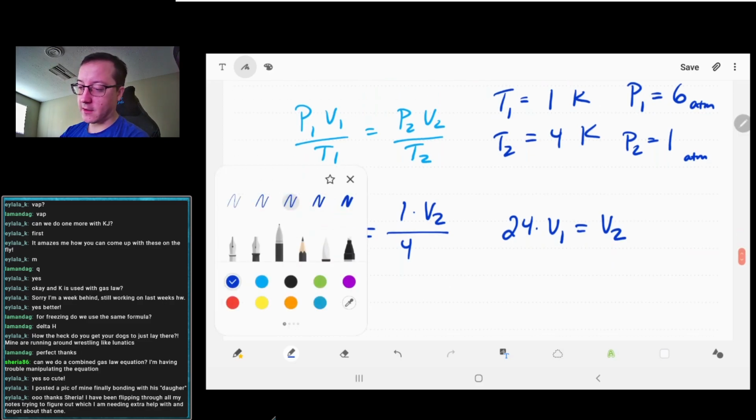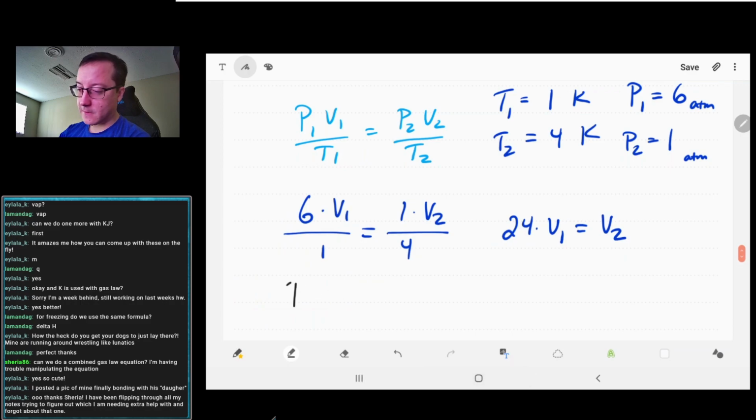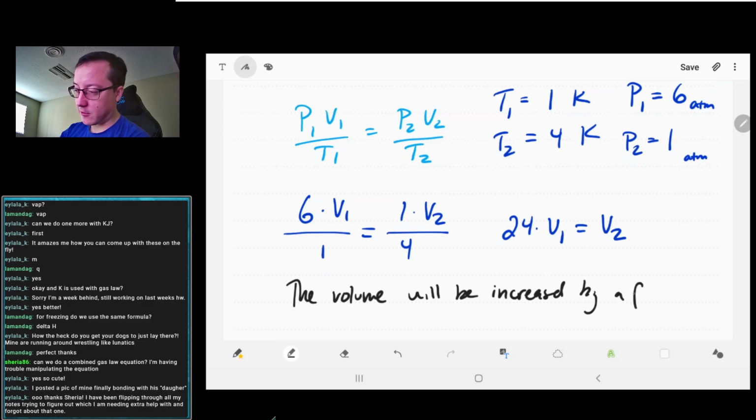And so our answer here is the volume will be increased by a factor of 24. It'd be nice if it were a number that we had a word for, like octuple or something, but as far as I know, at least, there is no word for multiply by 24.